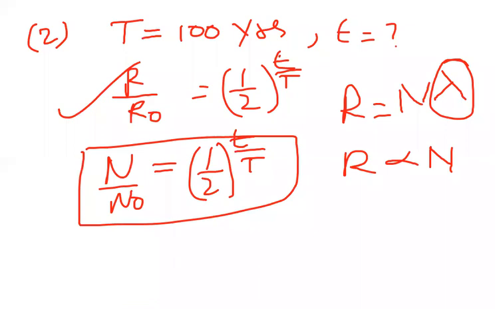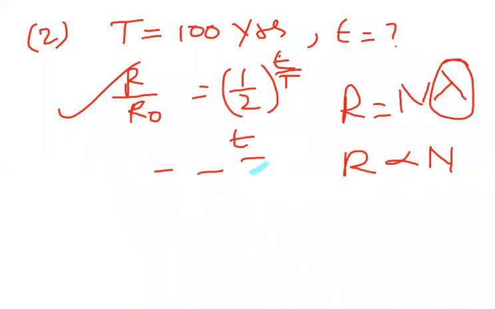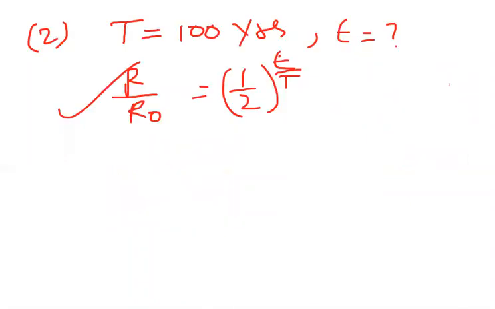So from that information, I have taken the formula R by R naught is equal to 1 by 2 whole power small t by capital T. They have told that the activity becomes 1 by 10th of the initial value.